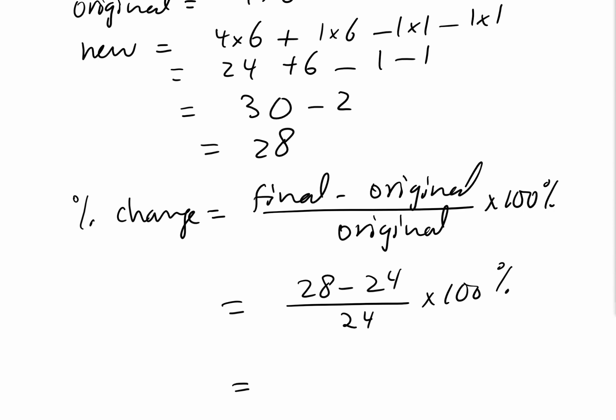This gives us 4 on the top over 24, times 100%. 4 over 24 is 1 over 6. So that gives us about 16.67%.